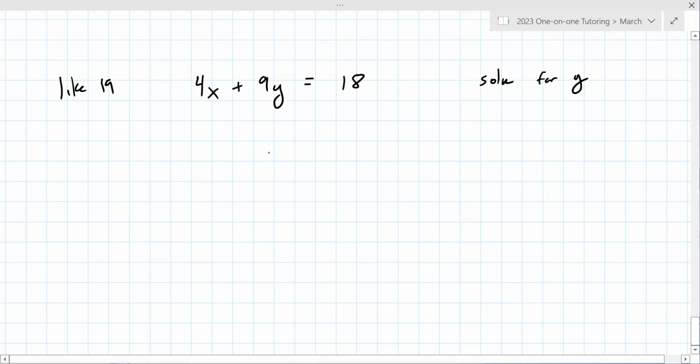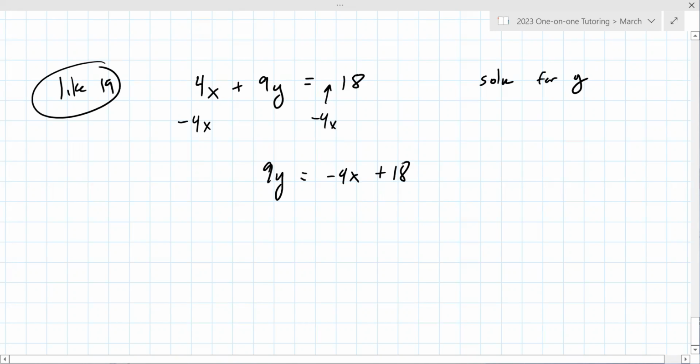You're still working it out. Yeah, so y is equal to 4x ninths minus 9. Let's go through this here. Did you first subtract 4x from both sides? Yeah. Okay, so I recommend kind of sneaking that up in front. 9y equals minus 4x plus 18. Because 18 is still positive, that doesn't change.